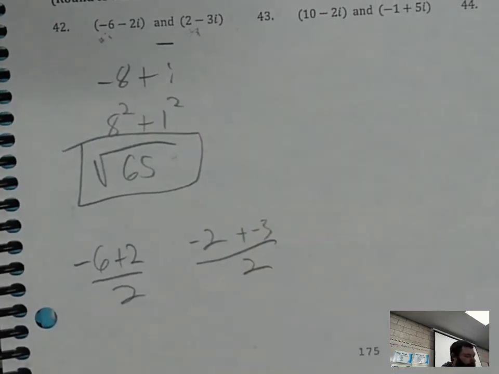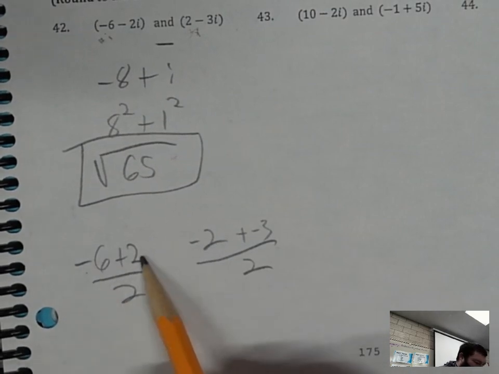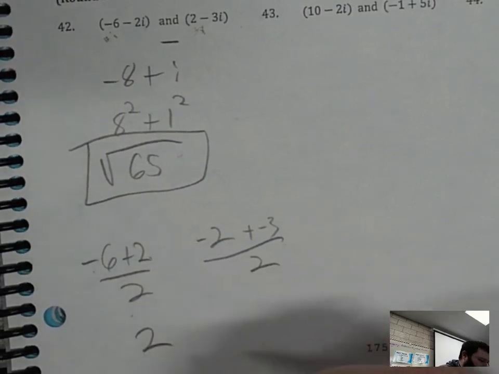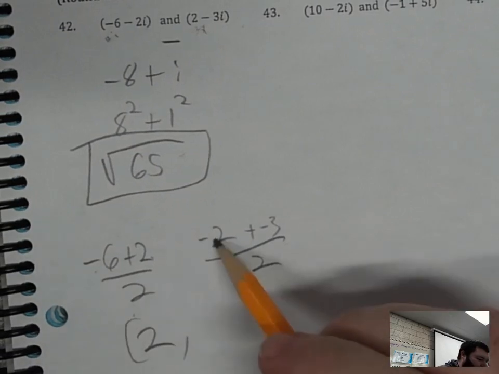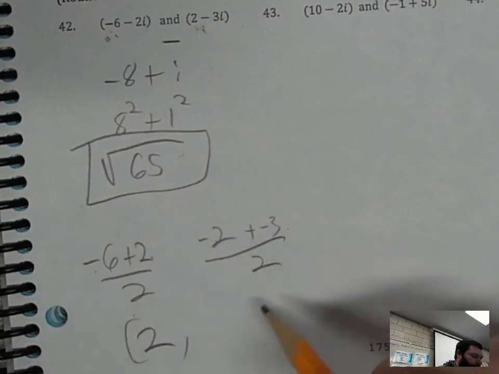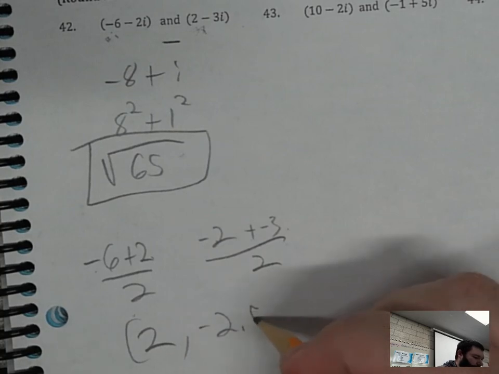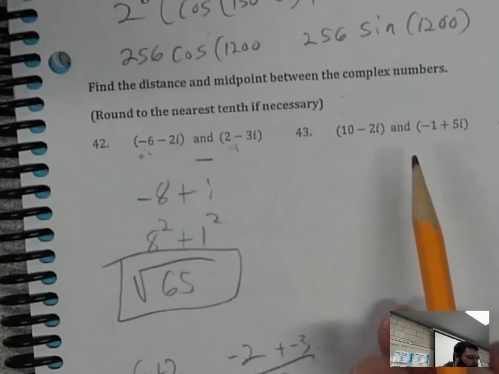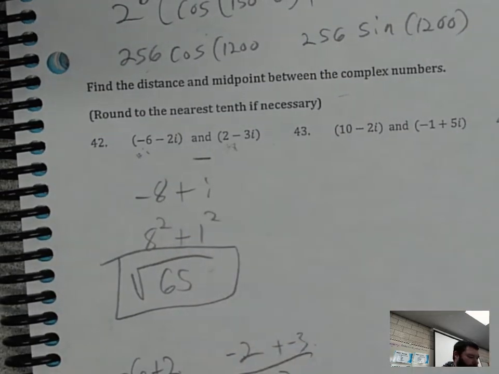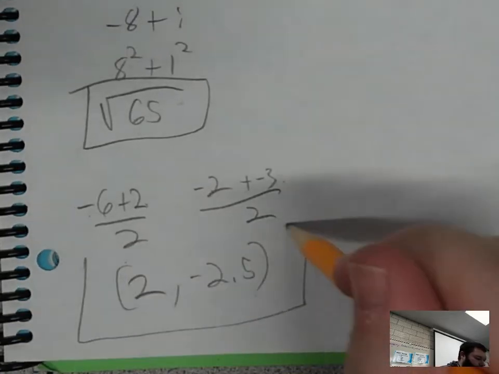Divided by 2. Okay? So negative 6 plus 2 is 4. Divided by 2 is 2. So the x-coordinate of the midpoint is 2. And then negative 2 plus negative 3 is negative 5. Divided by 2 is negative 2.5. And that is the exact middle of the difference between these two. So those would be my two answers.